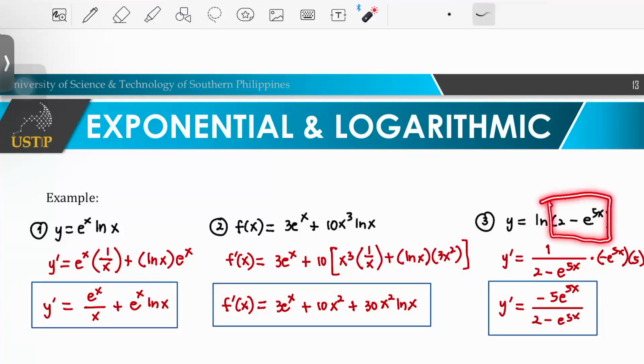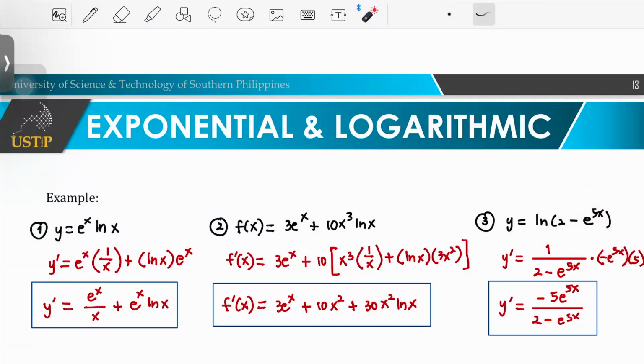So the derivative of this is negative e to the 5x times 5, okay, times the derivative of the exponent. So that will be negative 5e to the 5x in this expression. Okay, so that's all for exponential and logarithmic functions.